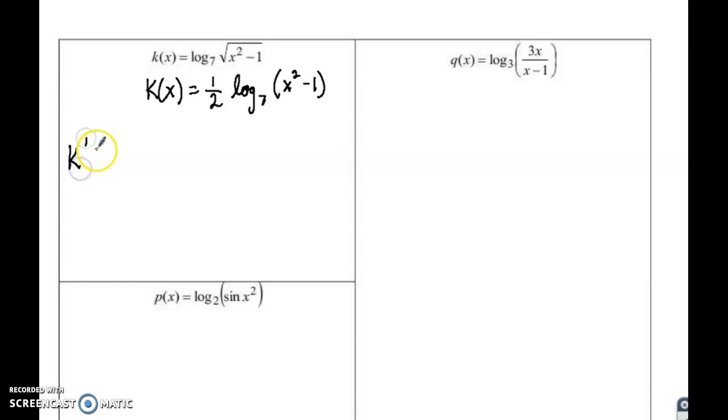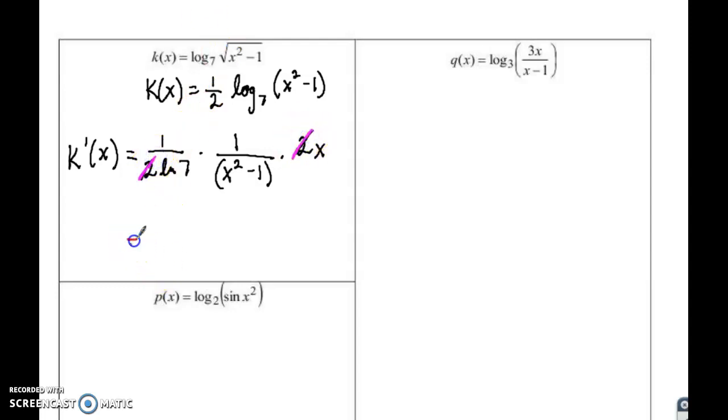So k prime of x is equal to 1 over, the 2 is still there, natural log of 7 times 1 over x squared minus 1 times the derivative of the inside, which is 2x. Now you should simplify when you can. For instance, those 2's would cancel. Thought I'd change colors, but I guess not. These 2's cancel. So we're looking at x over natural log of 7 and x squared minus 1.